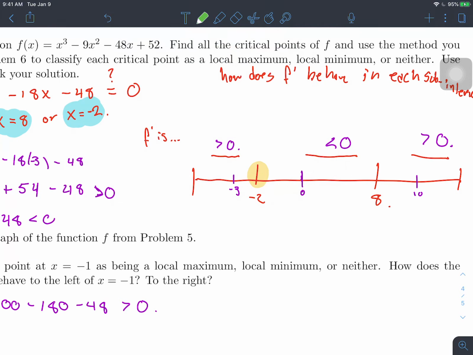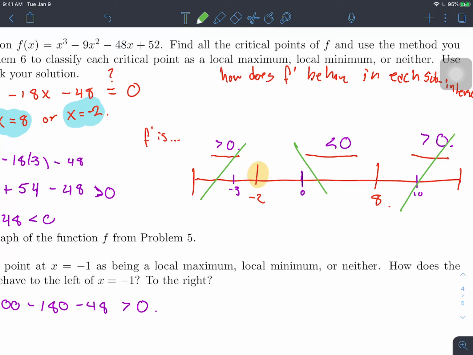That means our function is increasing. So our function might look something like this here. And then in the middle, our function has a negative derivative. That means we're decreasing like this. And then the last part, we're larger than 0 again, so we're increasing.